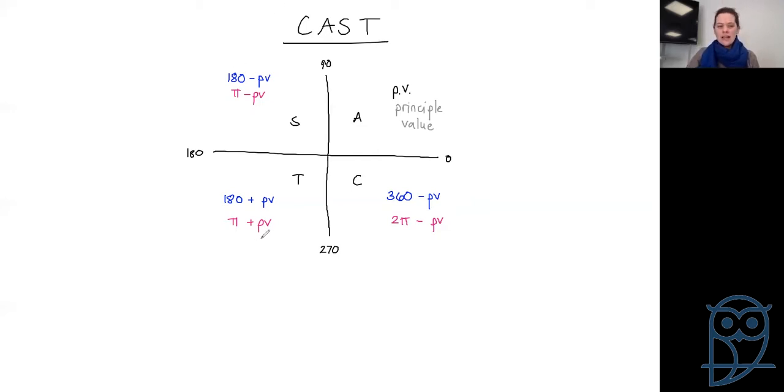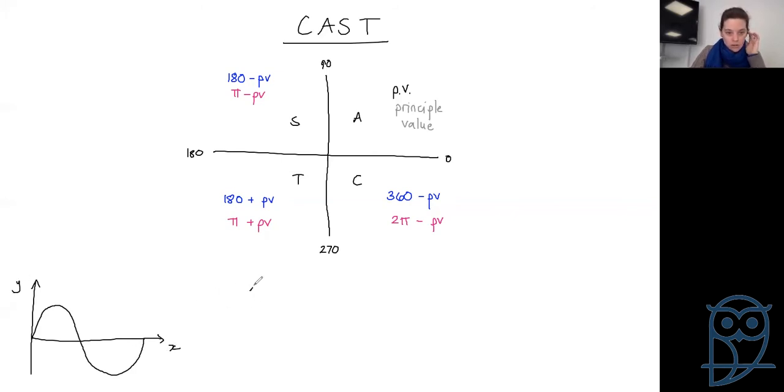So here's our CAST diagram. I just want to take a little bit of a moment to demonstrate how we can get all these values and why it makes so much sense. So we're going to use each of our graphs in order to do this. We are going to take the first 360 of sine, so one rotation of sine.